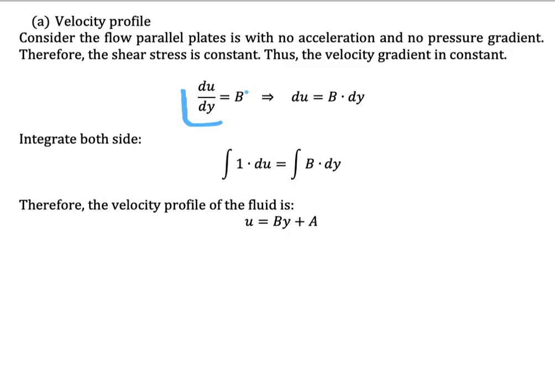So du/dy must have a certain value. We could write c, b, or whatever, meaning a constant number.